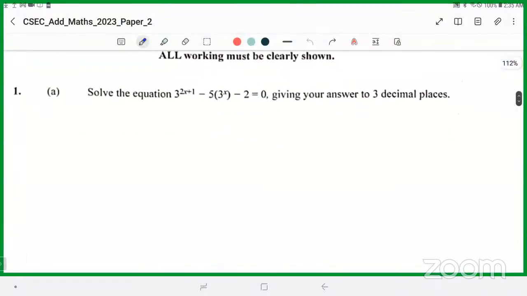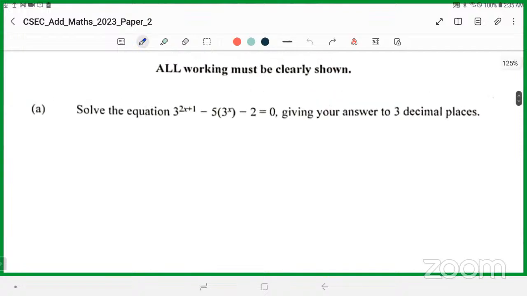The first part tells us to solve this equation, giving our answer to 3 decimal places. This is a quadratic equation in disguise, and it can be expressed as a quadratic in 3 to the x. The first thing is to pull apart this power.